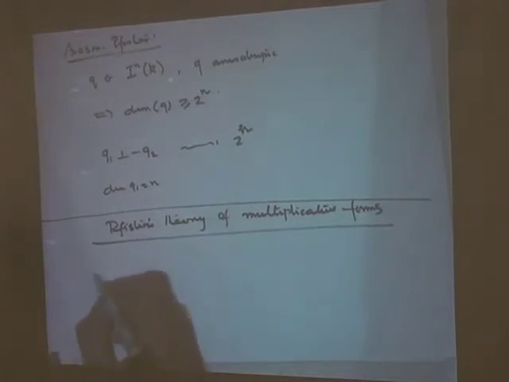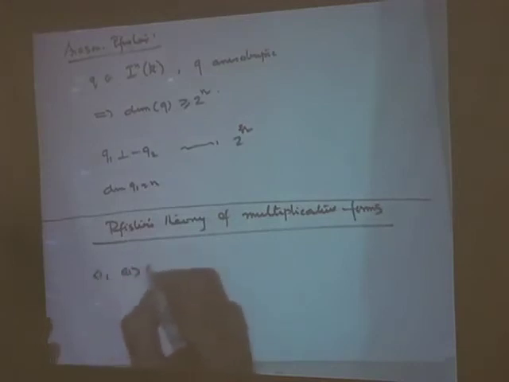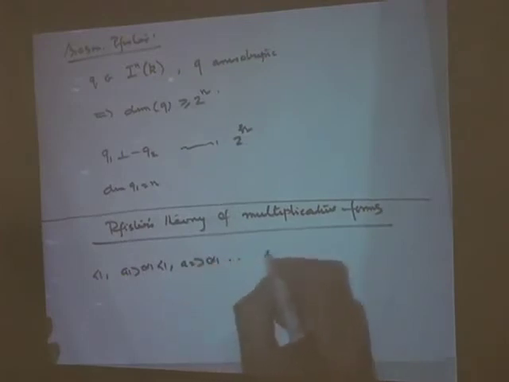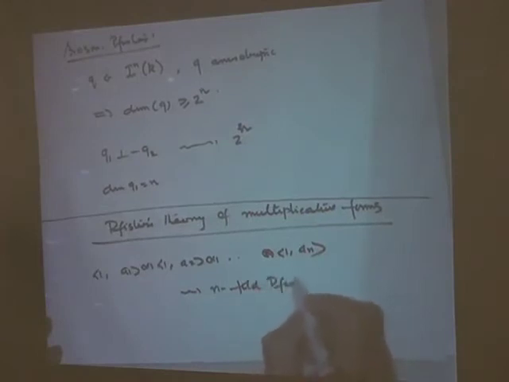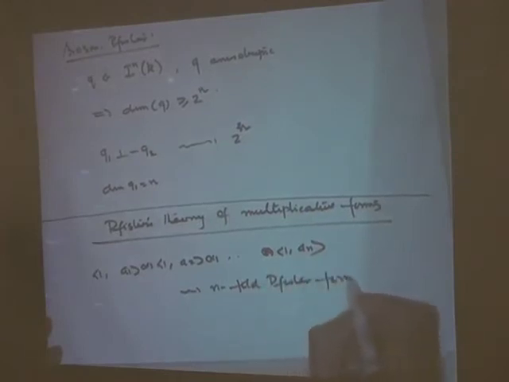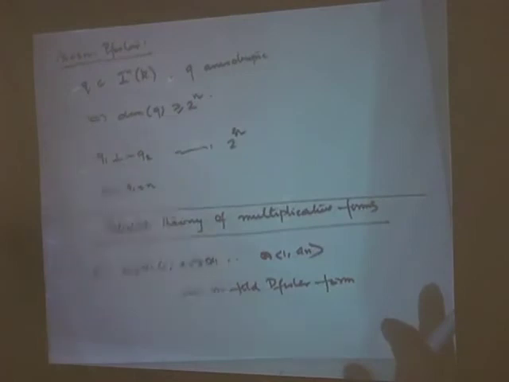So we already called certain kinds of forms Pfister forms, right? So a form like <1, a1>, you take the tensor product, the n-fold tensor product of binary forms like this. Something isomorphic to this was called an n-fold Pfister form. So what is the speciality of these forms?